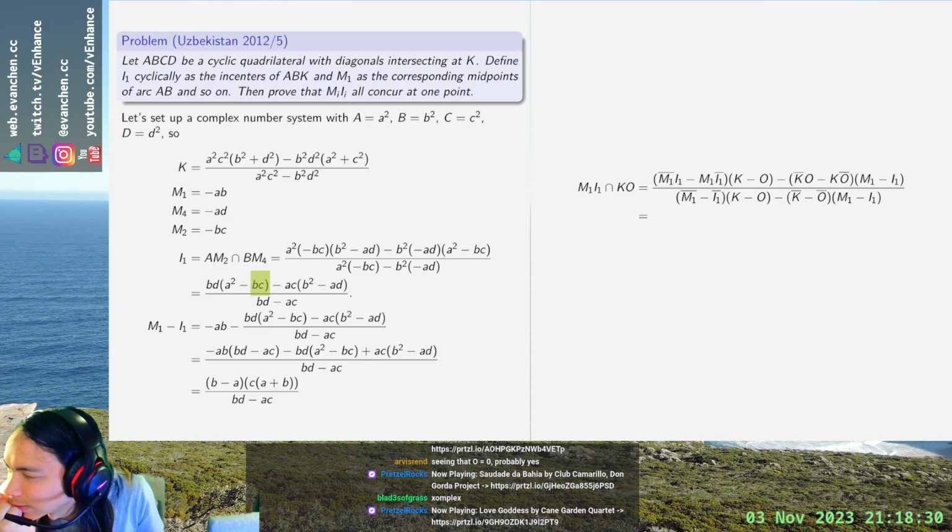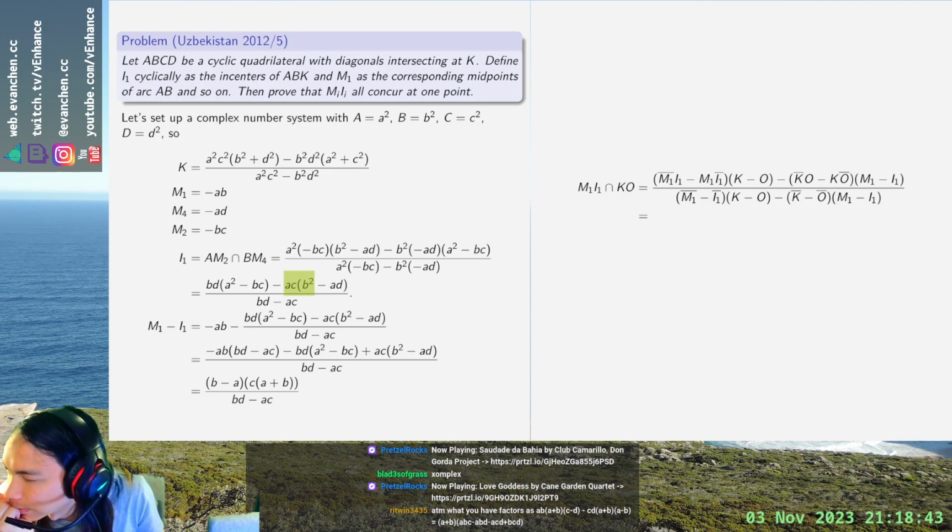B squared CD, this is a minus A squared CD minus B squared CD. So this is fine when A equals B. Those things die. And then when A equals B, I'm expecting this to cancel, which it really should.